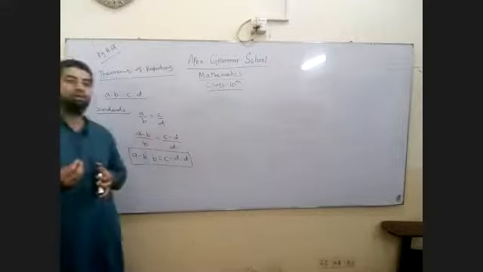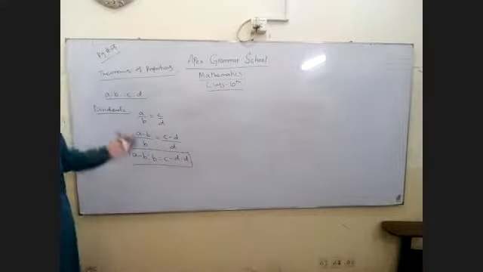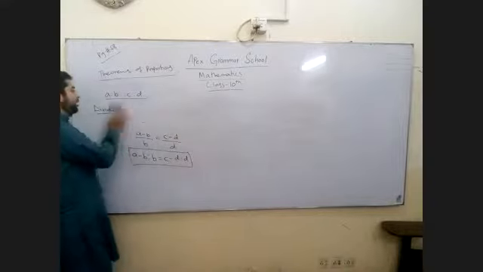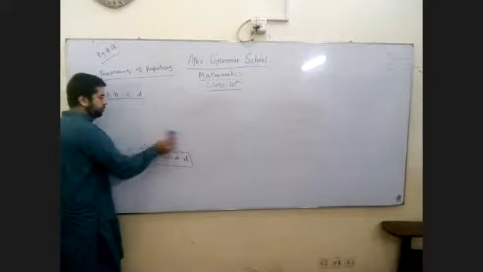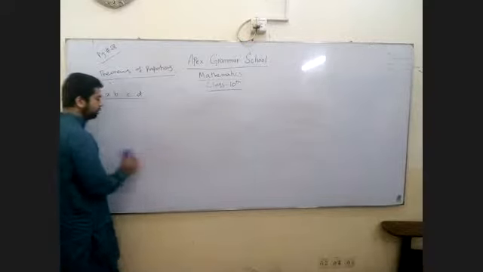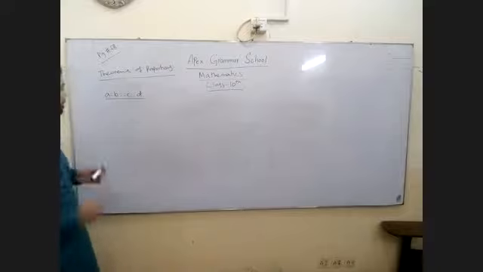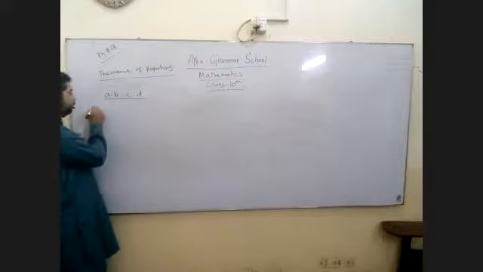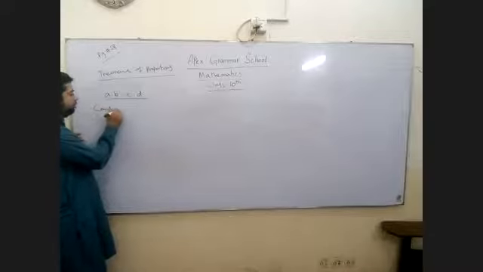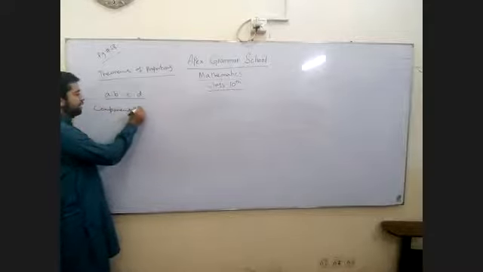Now the last theorem is the mixture of componendo and dividendo. It is very easy, and we will use it more and more in this exercise. Its name is the componendo-dividendo theorem.